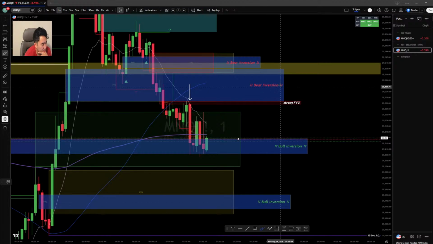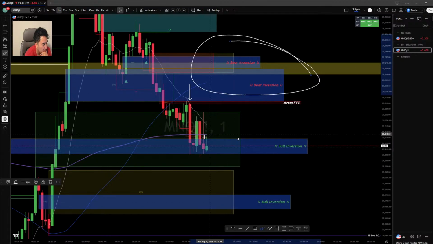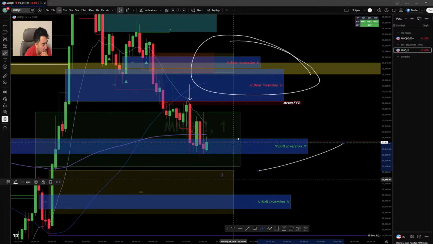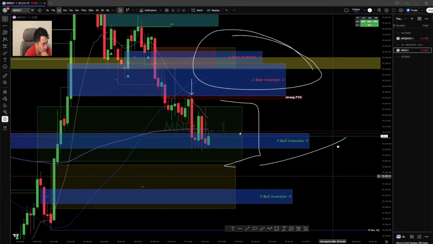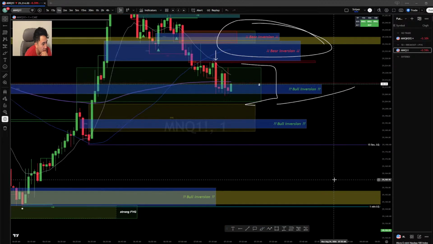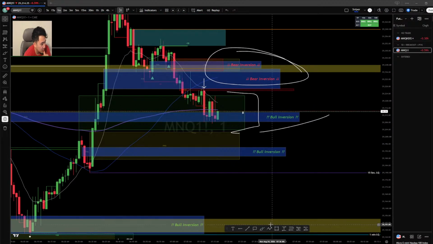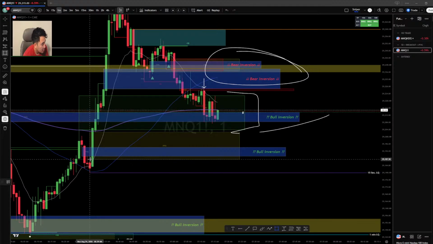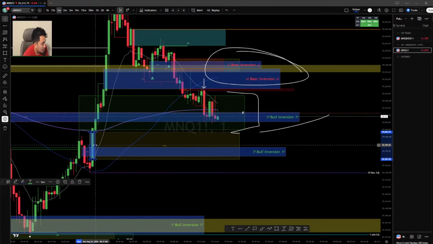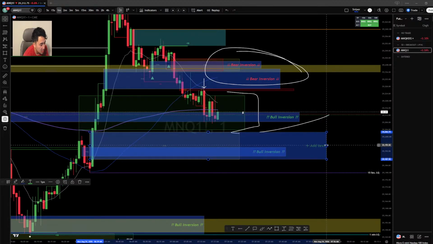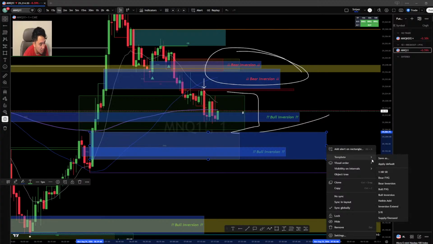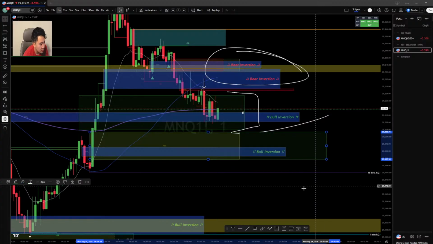Just lots of bearish structure at the top. The only bullish structure is this bullish inversion, this 5-minute gap here, until you get down a little bit further. There's not much bullish structure down here. Then also the EMAs and SMAs are bearish. There's a bullish FVG right here.